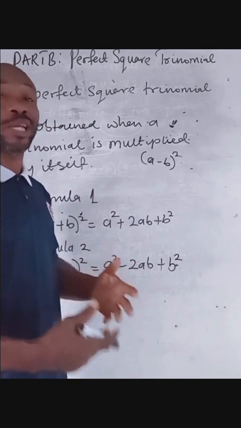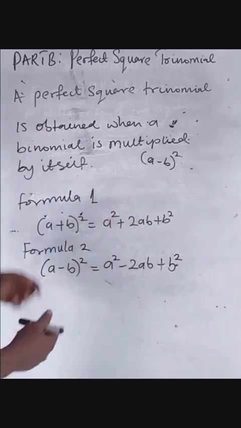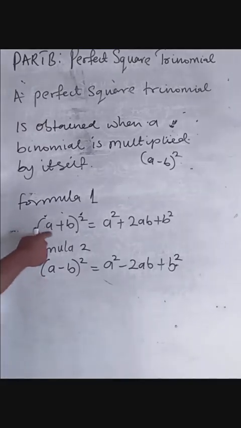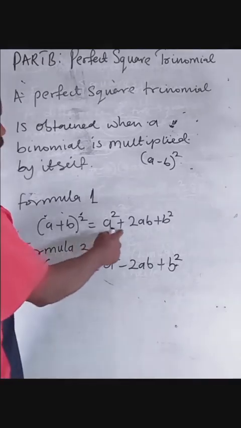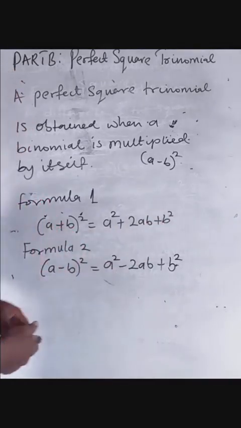So we're going to be looking at two formulas here. Formula 1, when you have a plus b squared, we saw this in the starter activity. The formula is a squared plus 2ab plus b squared.